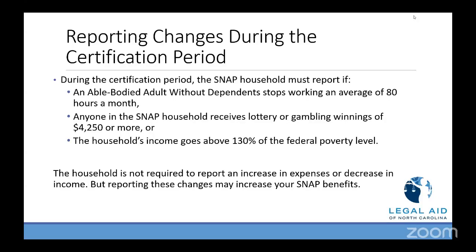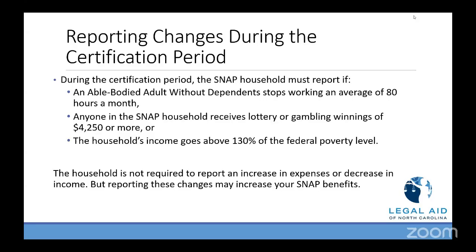When DSS approves a household for SNAP benefits, they send out a form with a chart that says what that 130% level number is for the household. It's important to take a look at that and know what the cutoff is that requires you to report a change in income.